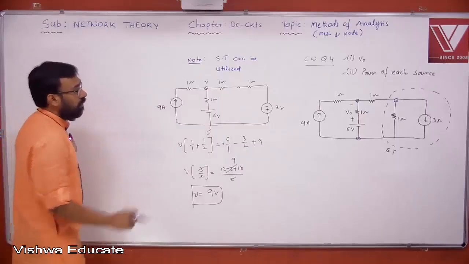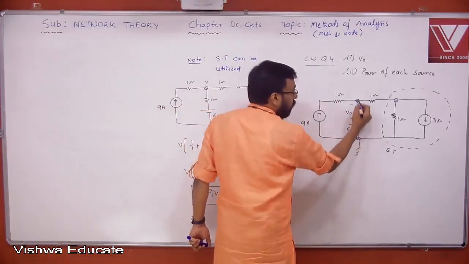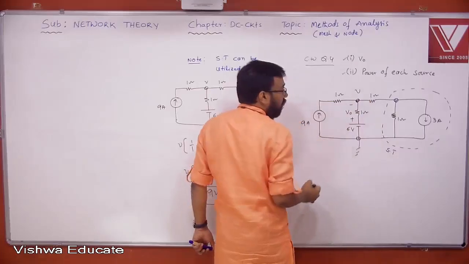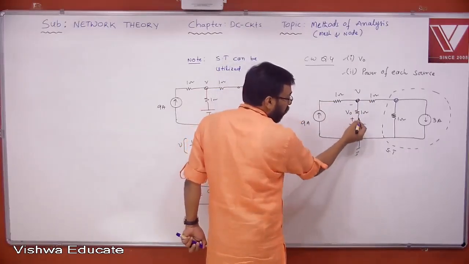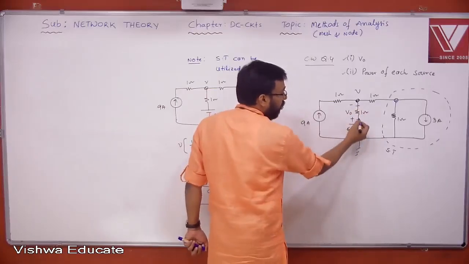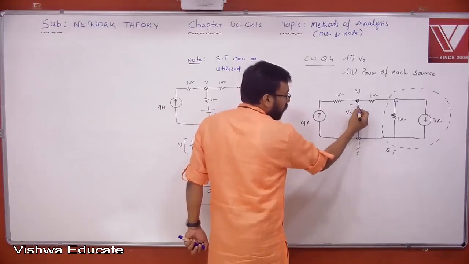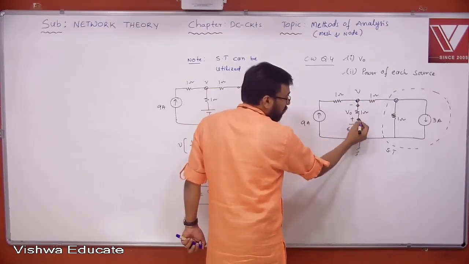Now, once you know the V, let's go back to the network. This is 0, right? This is V. Now I want to find V0. What is V0 actually here? It is the potential difference across what resistor? Yes or no? This point is operating at V and this point is operating at 6 volt.